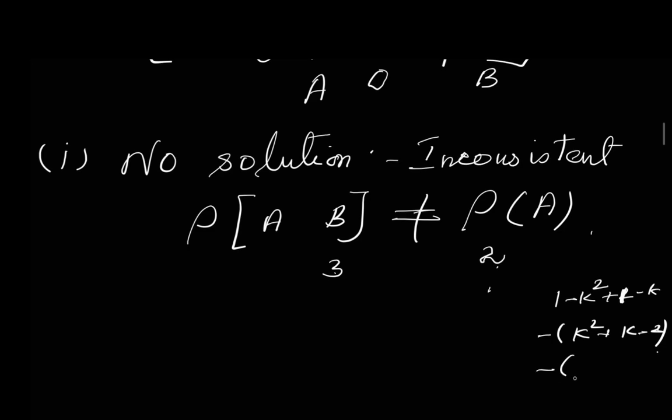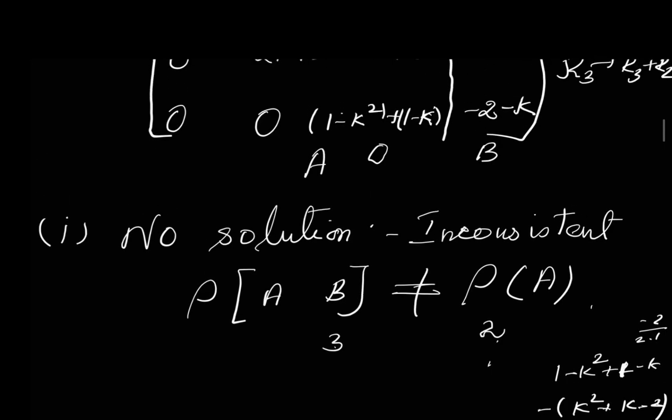Just factorize here: 1 2s are 2, minus 2; 2 1s are 2, 2 minus 1, that is k minus 2, plus k. This is k plus 2 into k minus 1. So you just factorize and keep this term here. The last term you will get here.